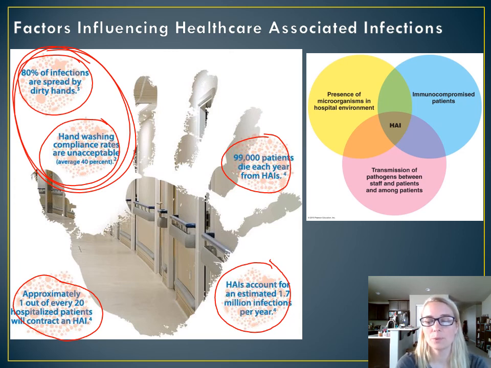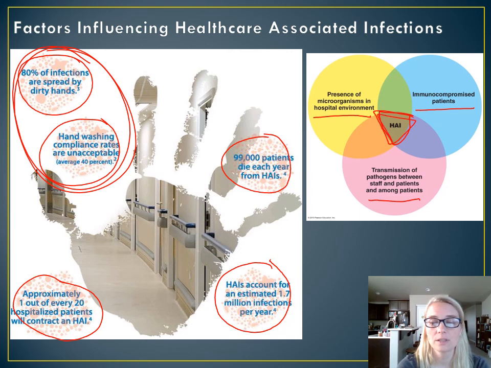And then we have a perfect storm here: people in the hospital are immunocompromised, there are microbes in the hospital environment, and there's a lot of interaction between patients, between healthcare providers and their patients, and between visitors and patients. All three of those together increase the chances that somebody is going to get a healthcare acquired infection.